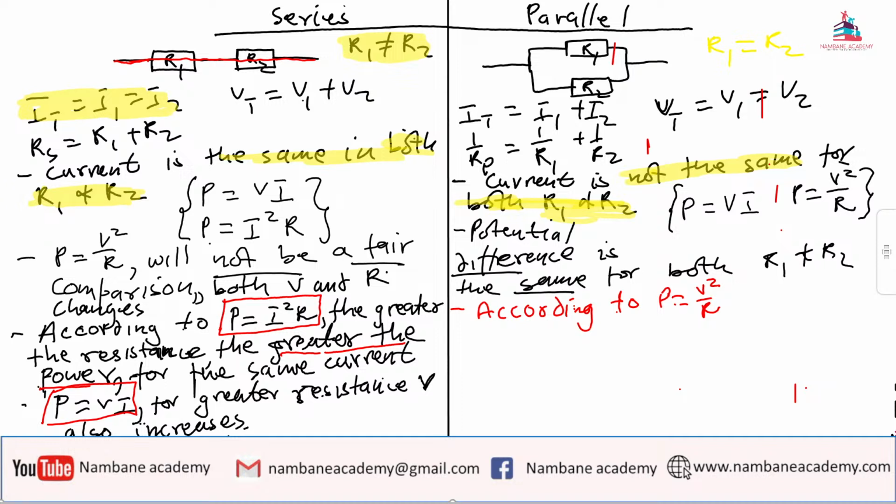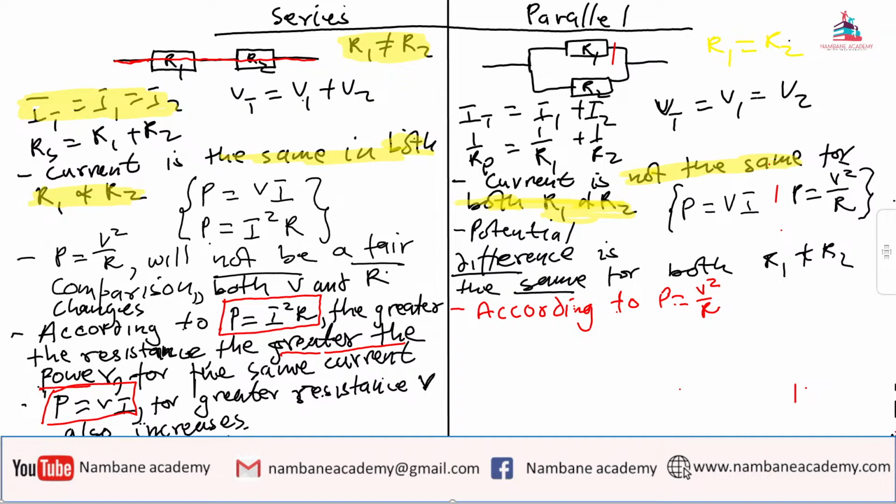The only thing that is changing here is R, because we agreed that V total is equal to V1, which is equal to V2.